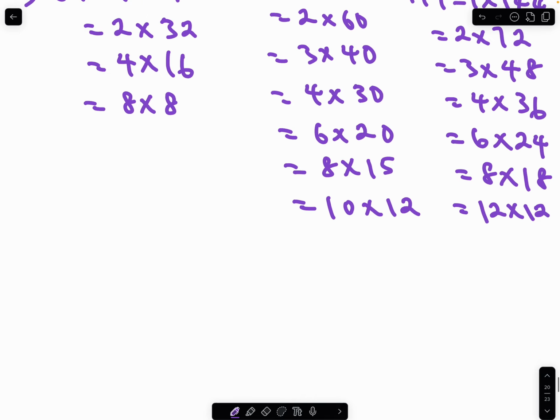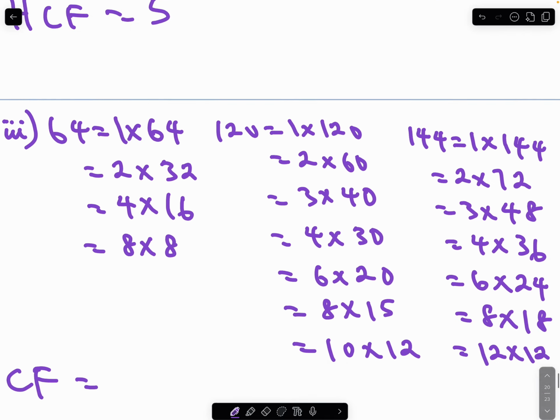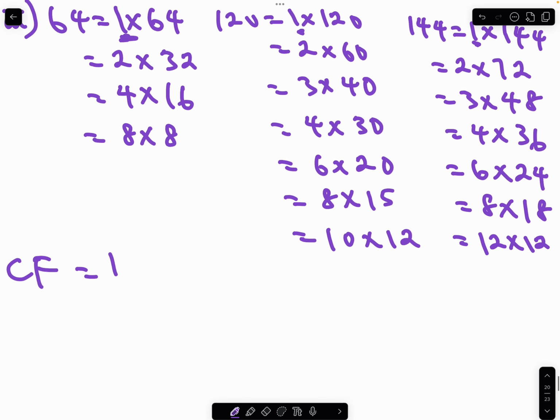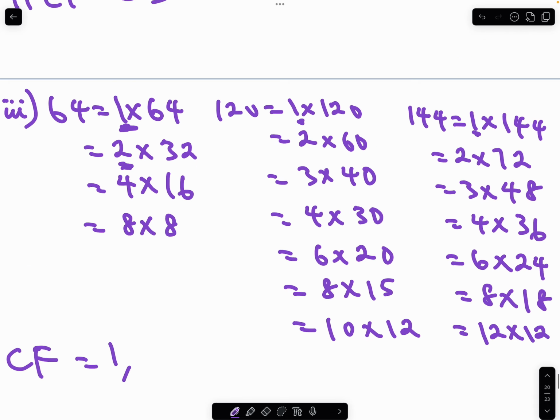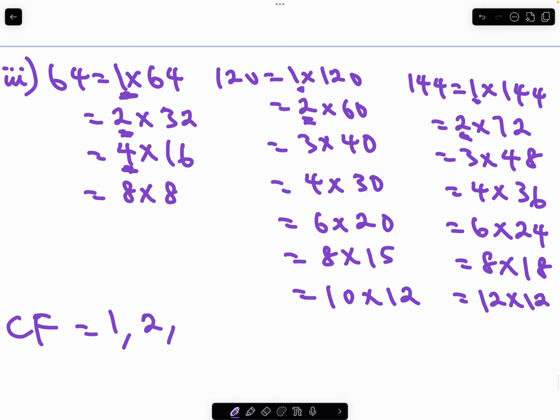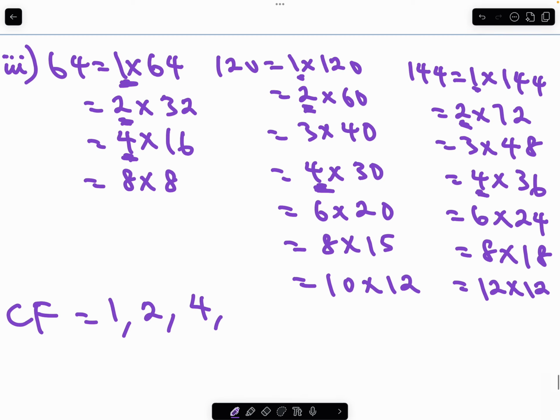So let's see the common factors. There's a 1 here, a 1 here, and a 1 here. That's 1. There's a 2 in all three. There's a 4 in all three.